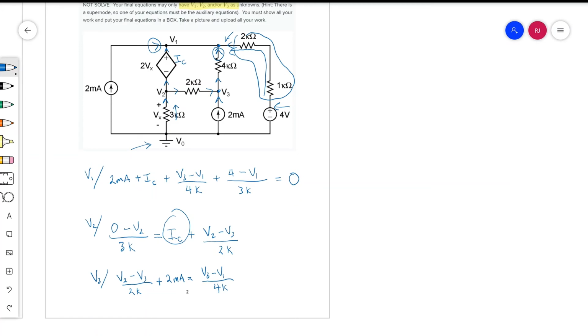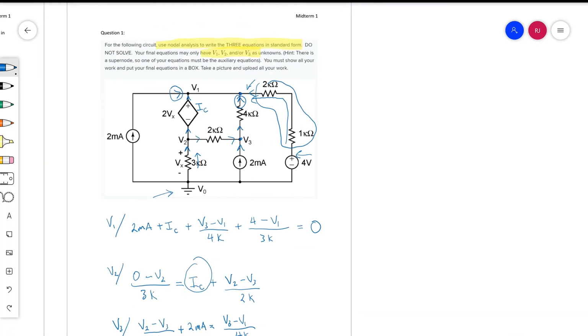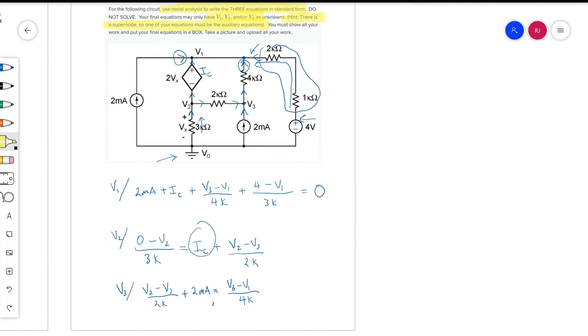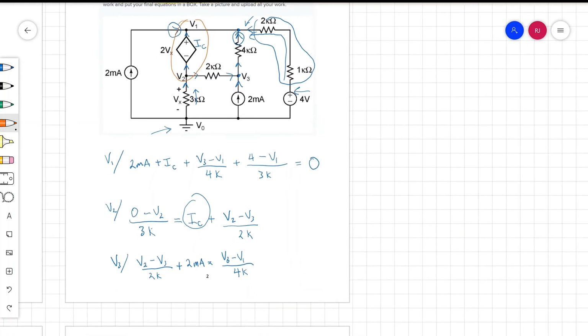Normally, the way we would do it is using Ohm's law, but since there's no resistance that's obvious to us across nodes V1 and V2, we can't use Ohm's law to help us. But if we look back at the hint in the problem, it tells you that there's a supernode in this circuit, so you can use that to your advantage. And the supernode is exactly what we were just looking at. It's this right here. This actually gives us a fourth and final equation.